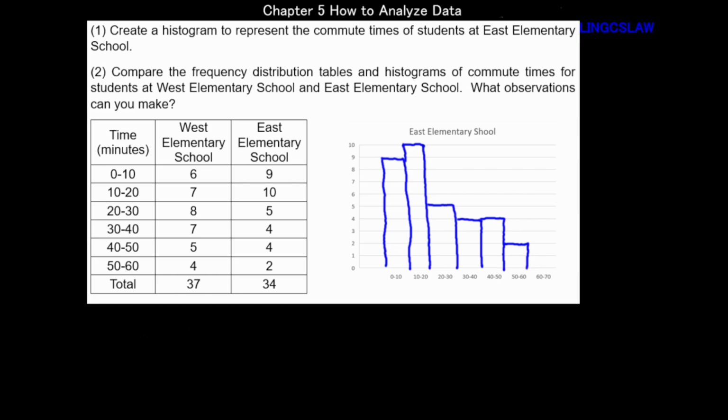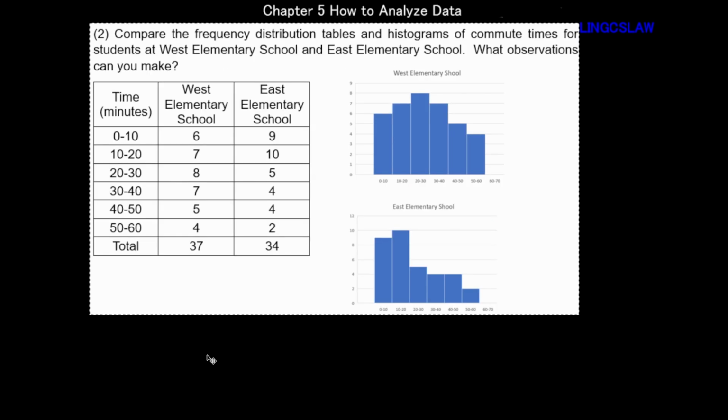Number 2: compare the frequency distribution table and histograms of commute times for students at West Elementary School and East Elementary School. What observations can you make? Okay, let's go on to number 2. I put the histograms of both schools.